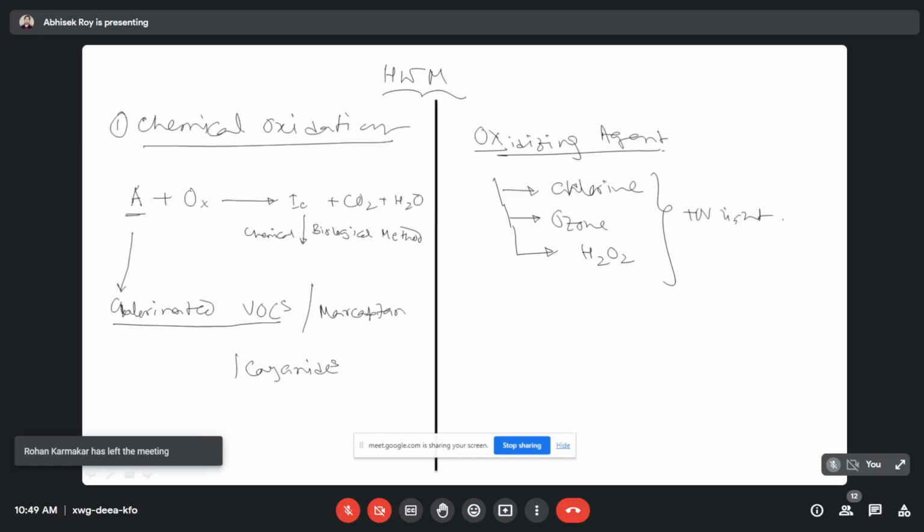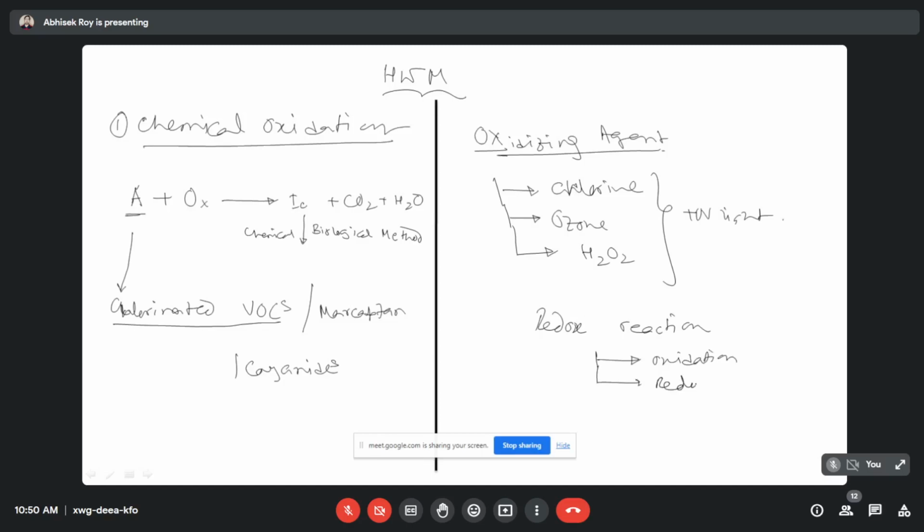Now, generally we know that whenever any reaction happens, it is normally a redox reaction. That means oxidation as well as reduction, both operations will be there.